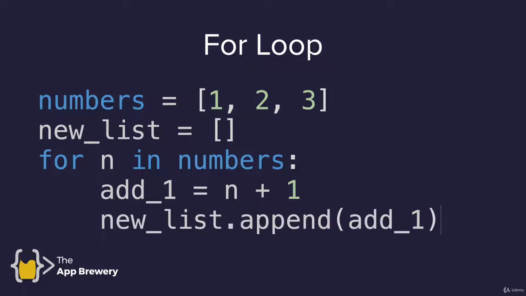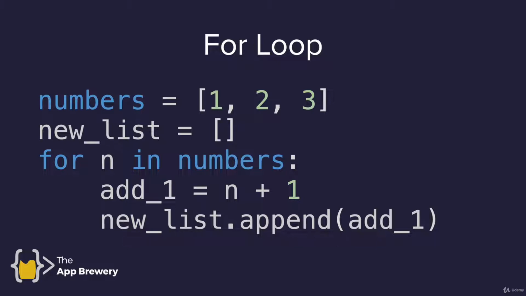And then I would append each of those increased numbers to my new list. And I would end up with a new list that consists of 3 items, and it will be 2, 3, and 4. Now, using list comprehension, we can take these 4 lines of code and turn it into 1.